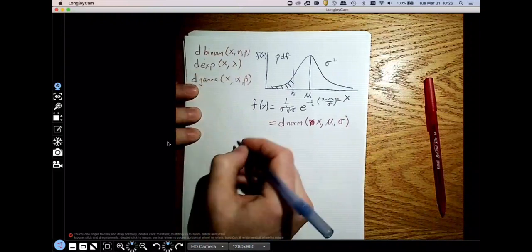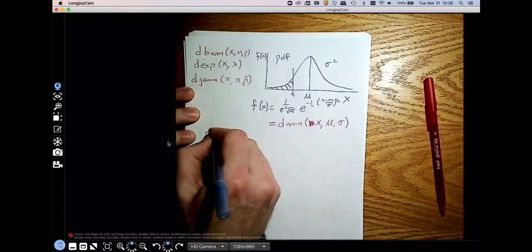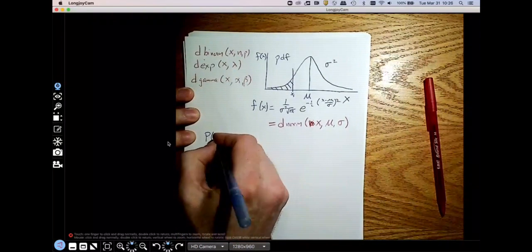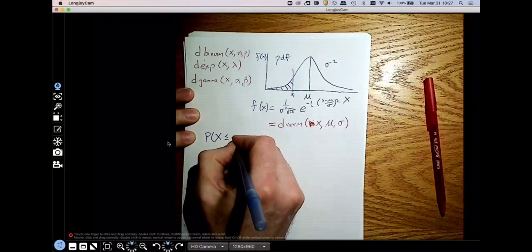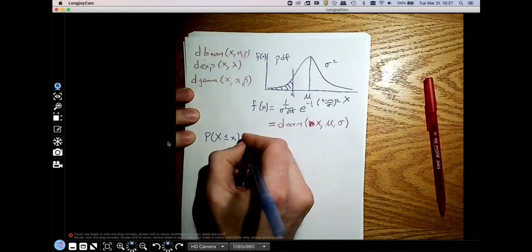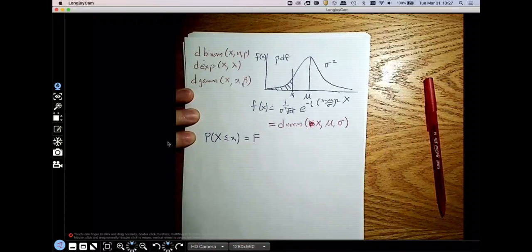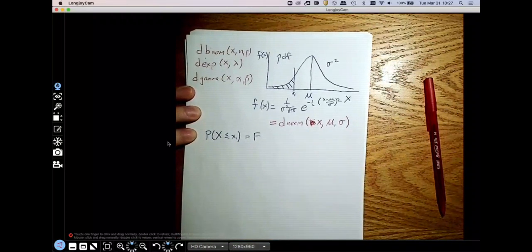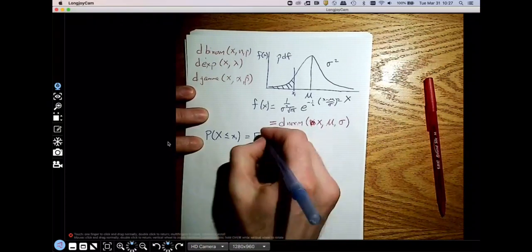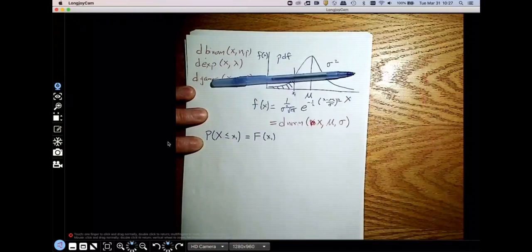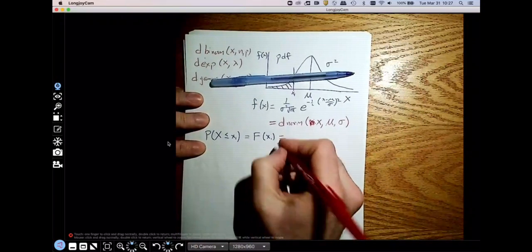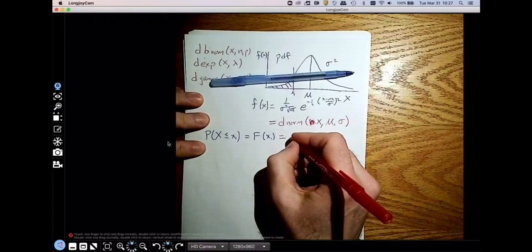In notation, this would be: what is the probability that my random variable X is less than or equal to my little x1? The answer to that is just the CDF, which we usually denote by a big F, not a little f, evaluated at x1. Now, in R, the way we do this is we use the P functions.